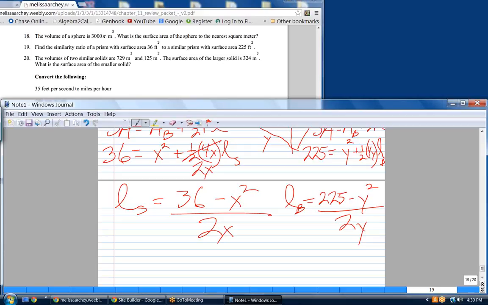Now if I'm looking for big lambda over little lambda, I divide that whole thing by little lambda, which is big lambda divided by little lambda. And that's our similarity ratio.